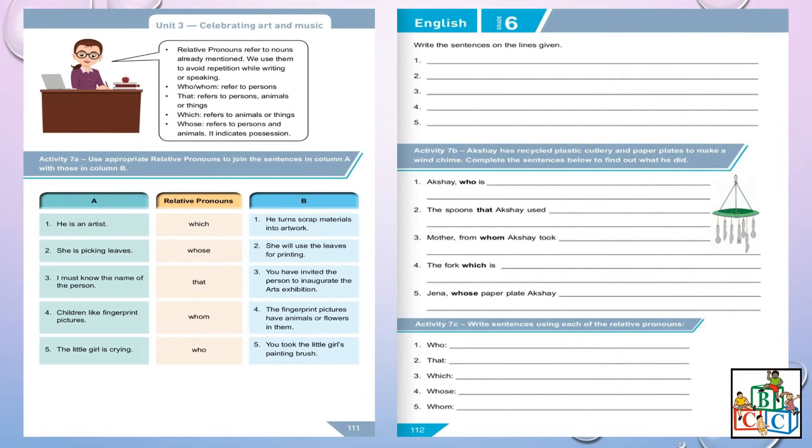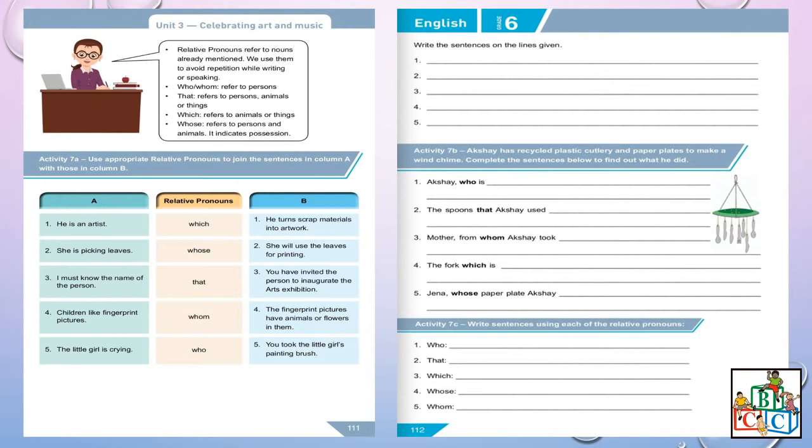You can say Akshay, who is very creative, has decided to make a wind chime. The spoons that Akshay used were old, were new. Okay, whatever, you have to be creative, you have to find out sentences, to write proper sentences and simple sentences.